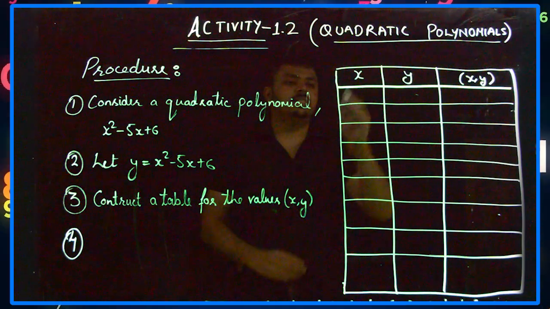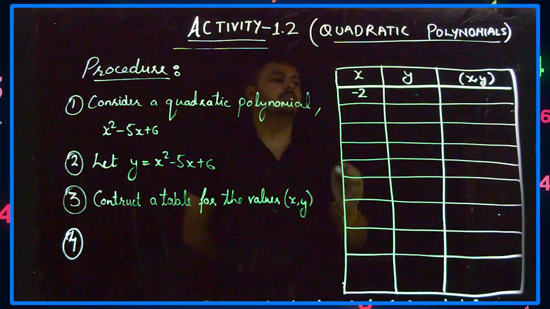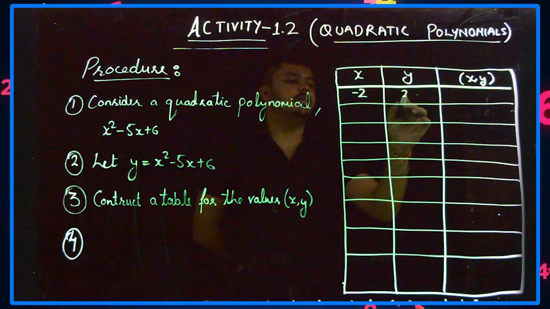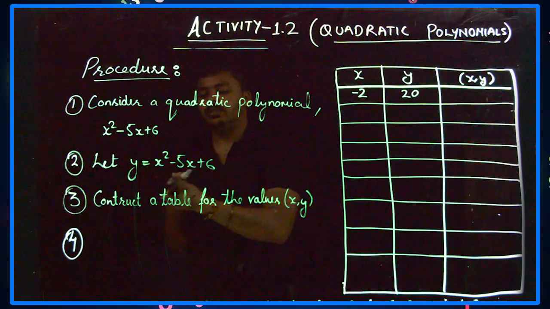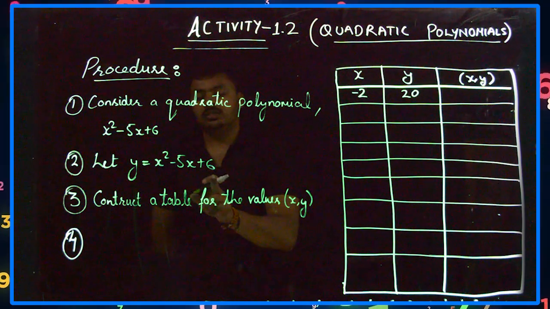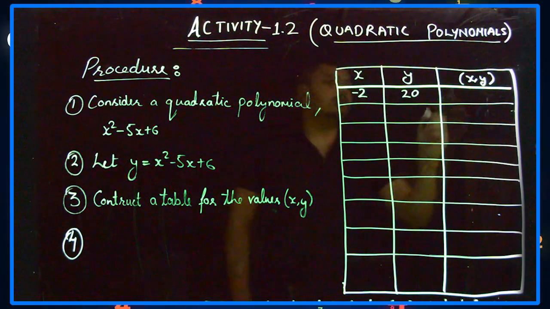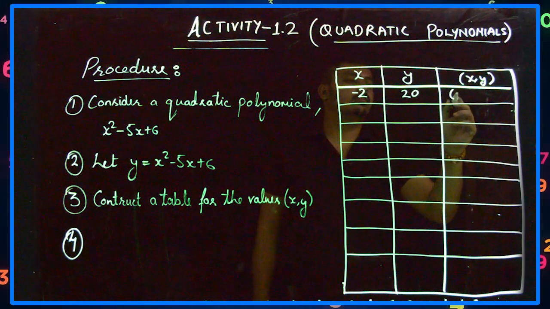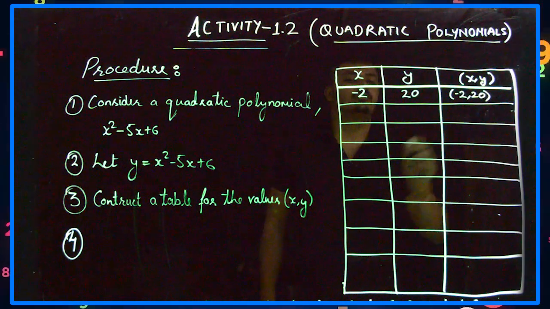So first, let's take the value of x as minus 2, then the value of y is 20. When we put the value minus 2 in the given equation, that is y equals x square minus 5x plus 6, we get y equals 20. Our coordinate becomes minus 2, 20.